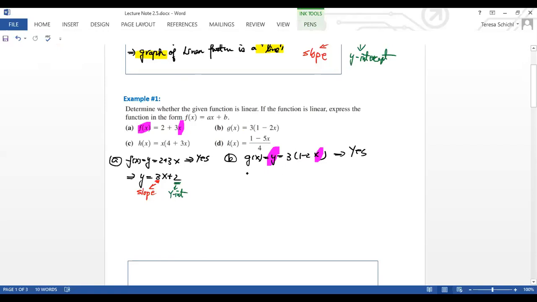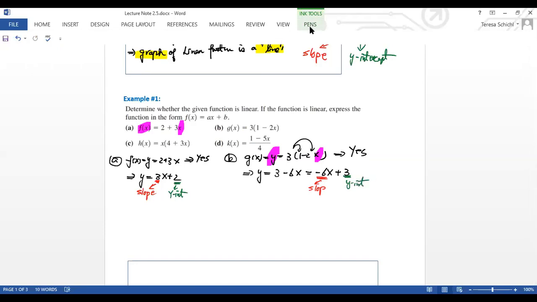How do we change that to slope-intercept form? We distribute, so this will be 3 minus 6x. If you want, you can switch the order, so this is negative 6x plus 3. The negative 6 is the slope, and the 3 is the y-intercept.